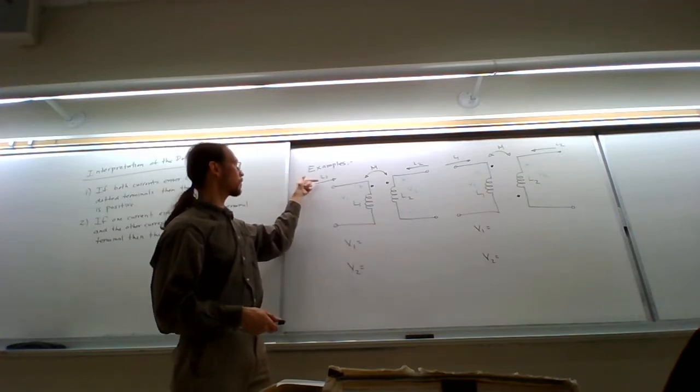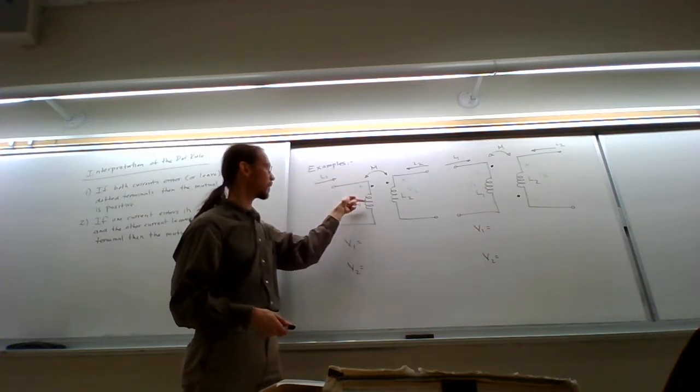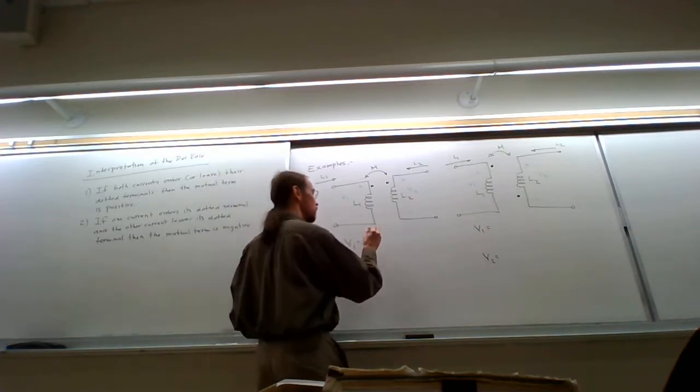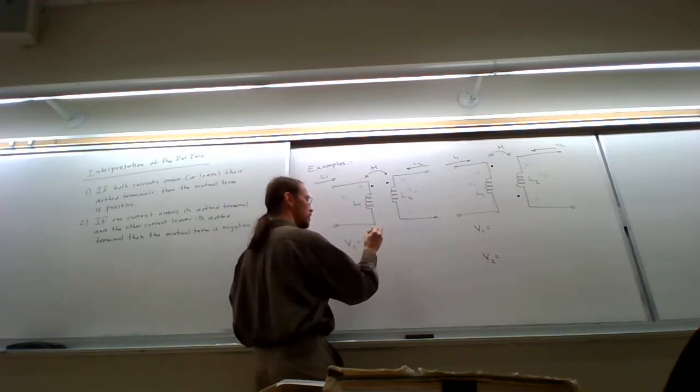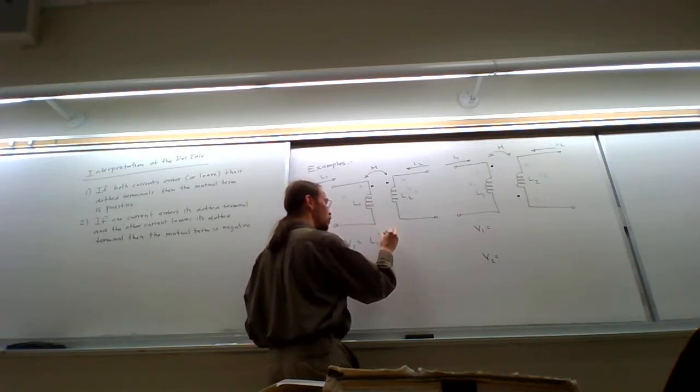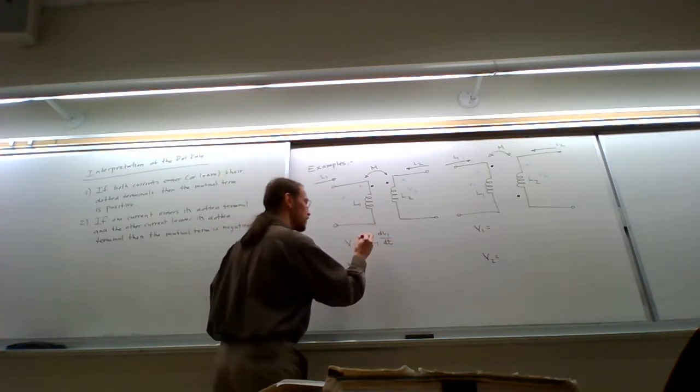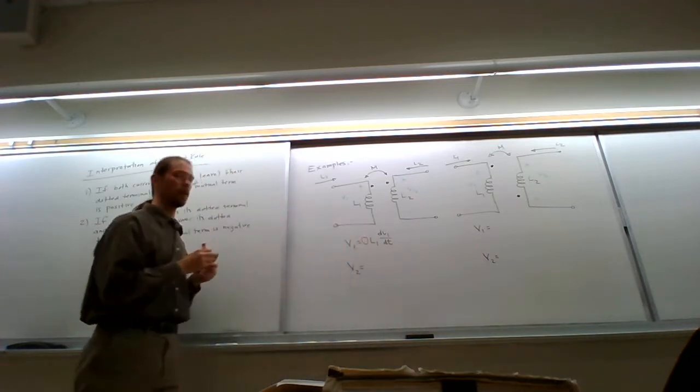And notice that the current over here that's entering here is going in the direction of the voltage drop, right? Which means that when I have my self-induced voltage, it is L1 di1/dt. And what is the sign on the self-induced voltage?